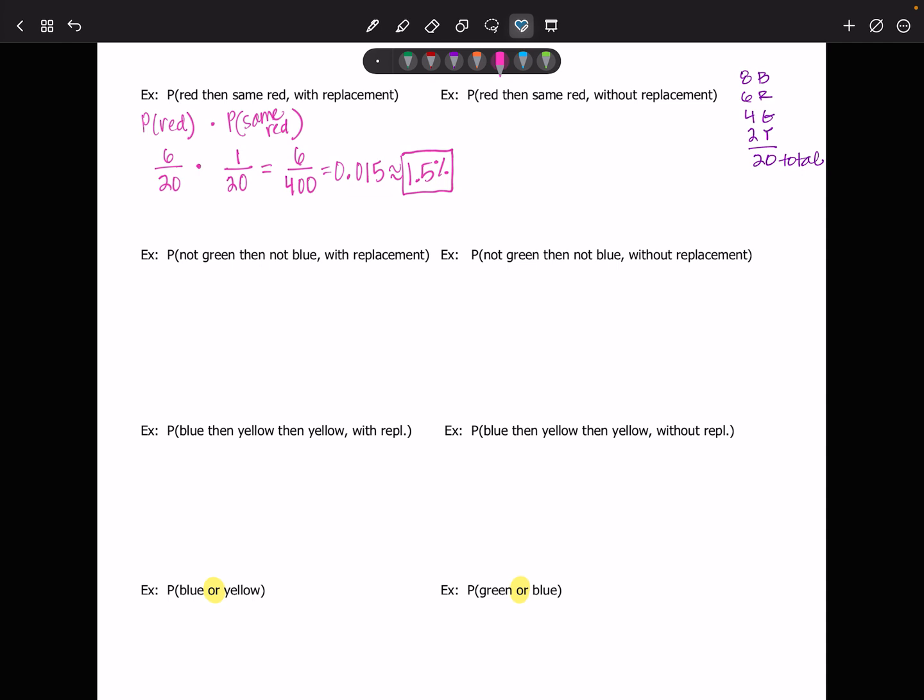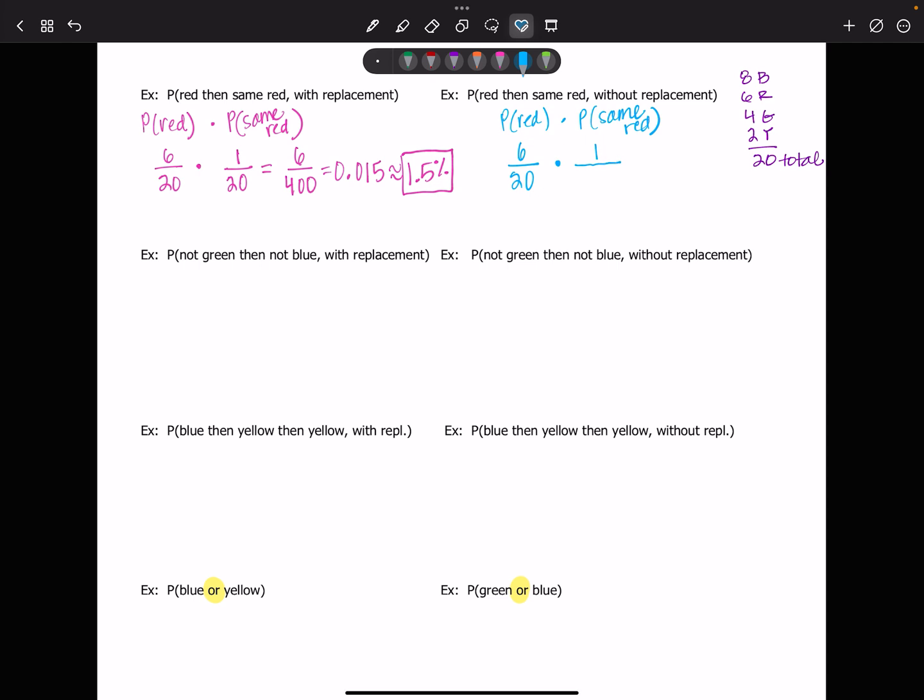Now, what would the probability of red then same red without replacement be? Well, let's look at this. The probability of red and then the probability of the same red without replacement. Well, there's 6 out of 20 total red marbles. And that same red, there's only one of them that's the same exact red marble out of 19.